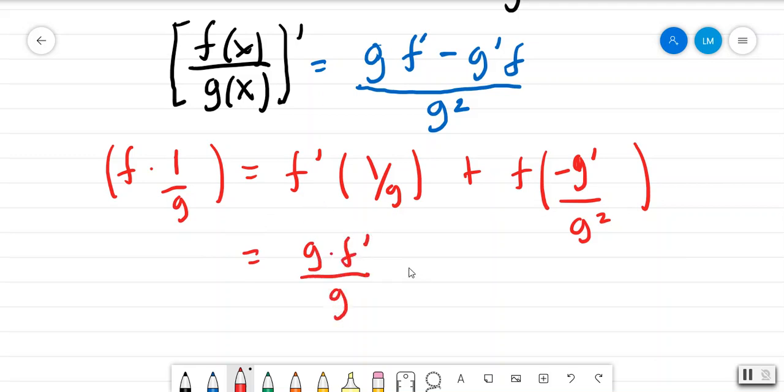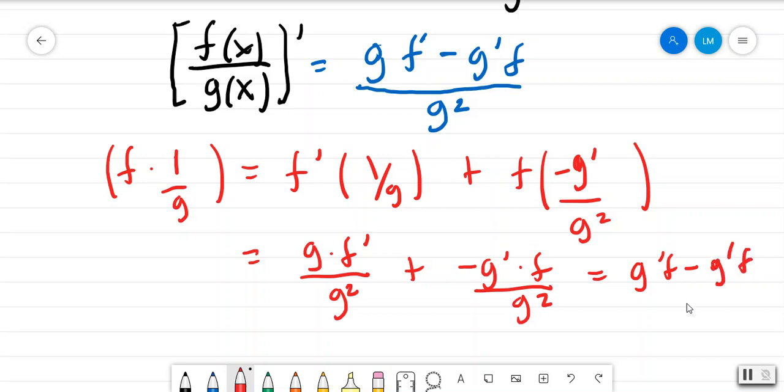I just use a common denominator. And then I have plus negative g prime times f divided by g squared. This should be squared also, yeah. So basically I have the formula using product rule and reciprocal rule. So this will be minus g prime times f, and then all of this is divided by g squared.